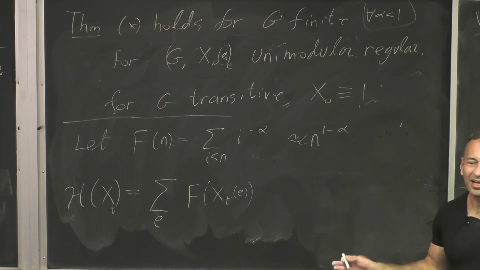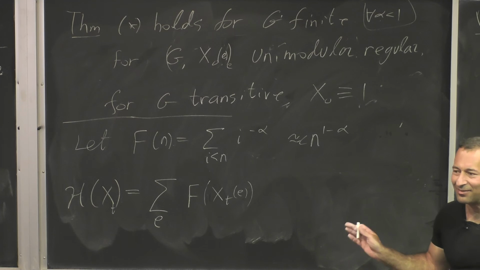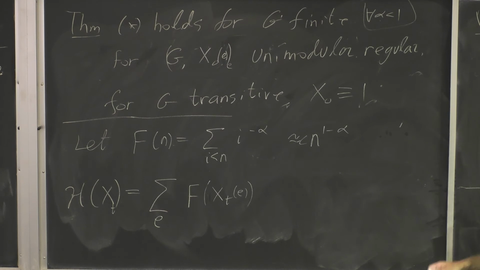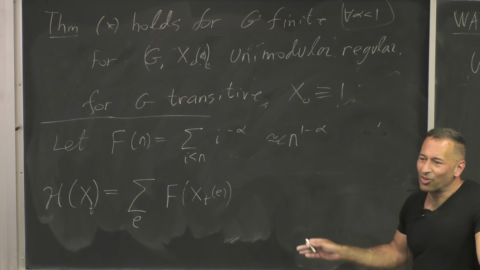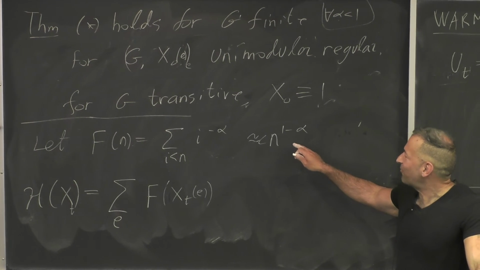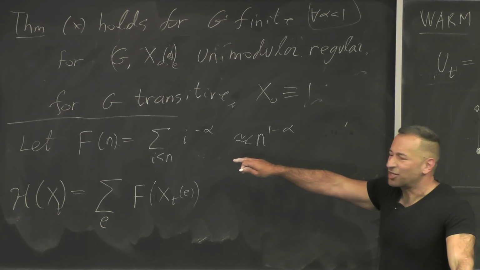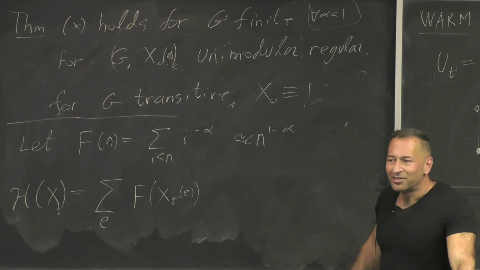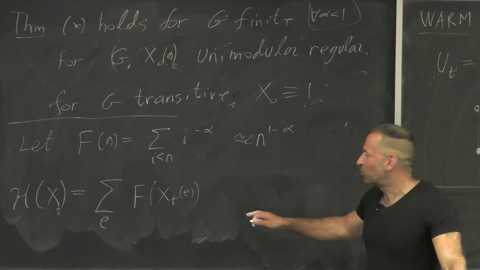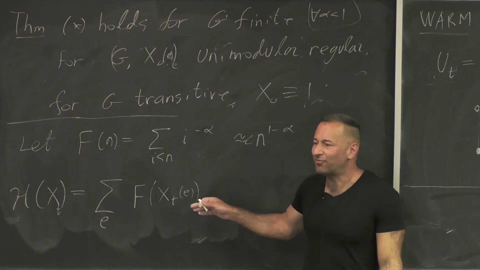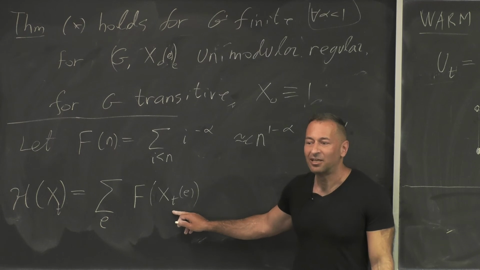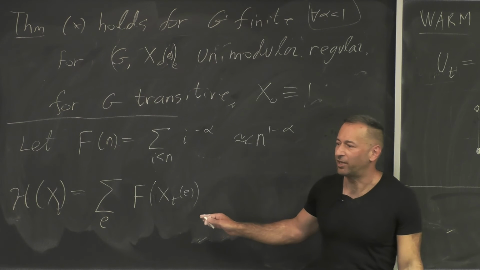Since I'm running out of time, I will not write the different steps, but what's the idea? On the one hand, since alpha is less than 1, this function f is concave. That means that H is maximized when all of the edges have approximately the same weight. Given the sum of the edge weights, this is maximized if they're all approximately equal.